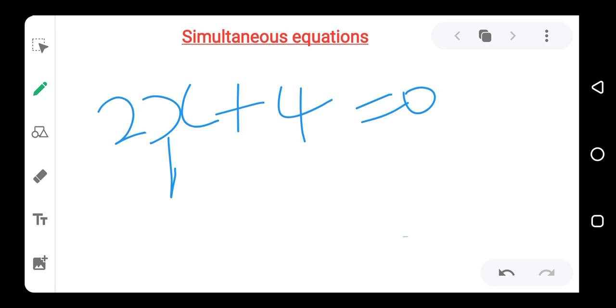But in simultaneous equation, we have an equation where there are two things in that equation that we don't know. For instance, we can have x plus y is equal to 2.